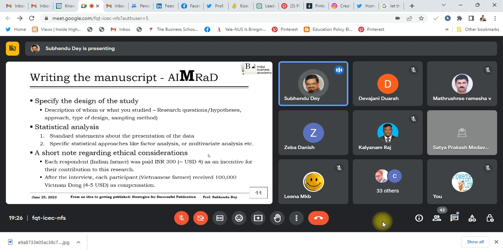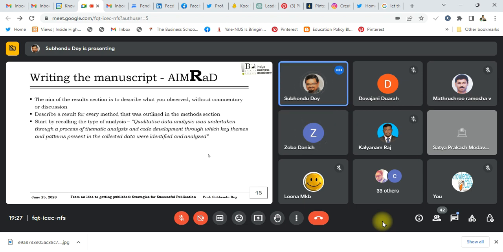So please understand that any unethical activity, in terms of not mentioning where you've got the grant from, or any monetary incentive that you had given to your respondents, and not mentioning that, is not the right way of writing your paper. So this is extremely important, and please keep that in mind as you go along.